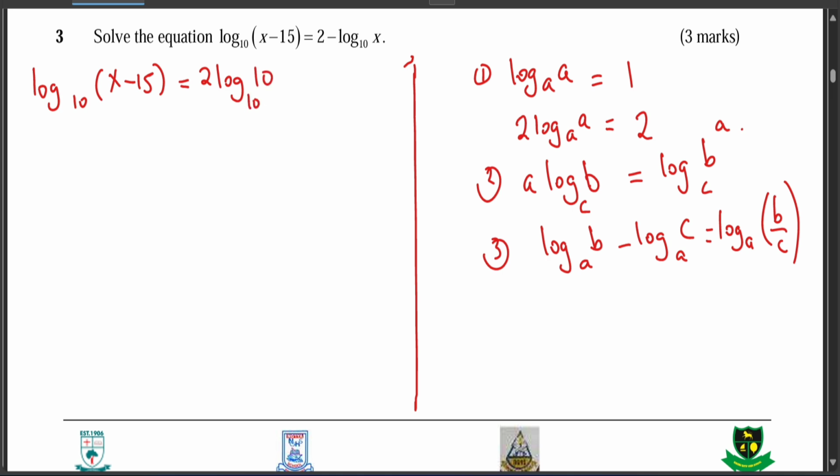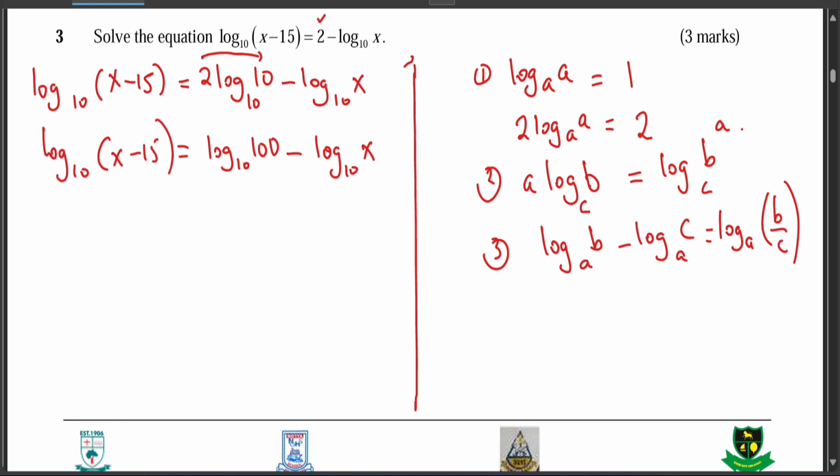The log of 10 base 10 is 1, if you multiply by 2 gives you 2, minus log x base 10. Then the 2 becomes the power, just like we stated in the second rule. So it will be log base 10 of 10 to the power of 2, and 10 to the power of 2 is just 100, minus log base 10 of x.